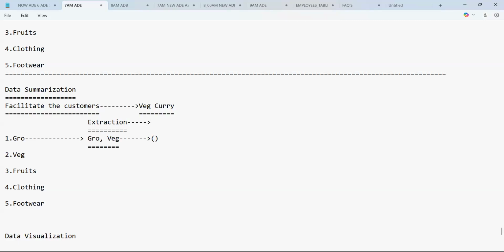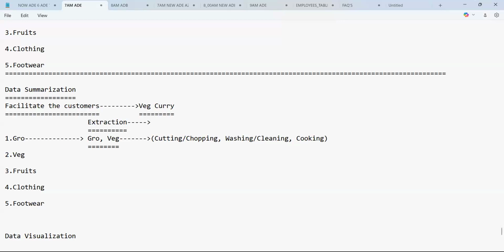So we have to undergo the following process: cutting or chopping of vegetables, then washing or cleaning of vegetables, then the cooking process.